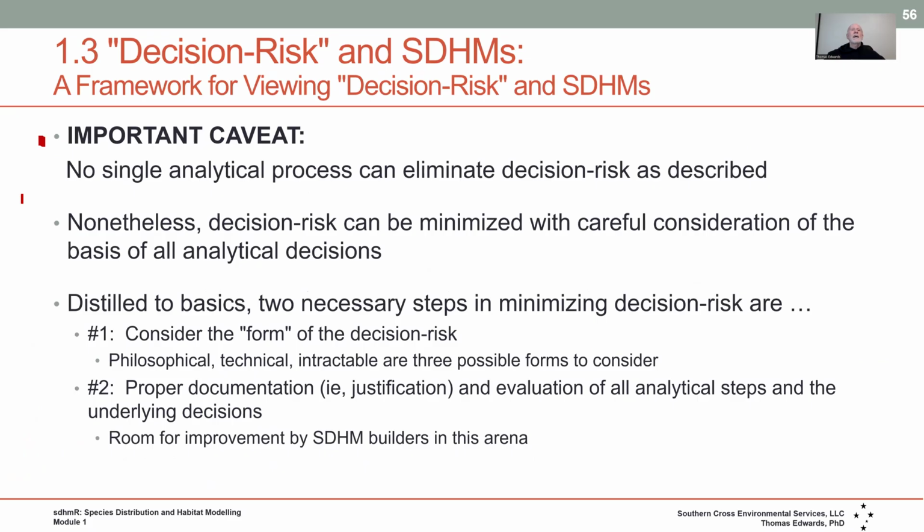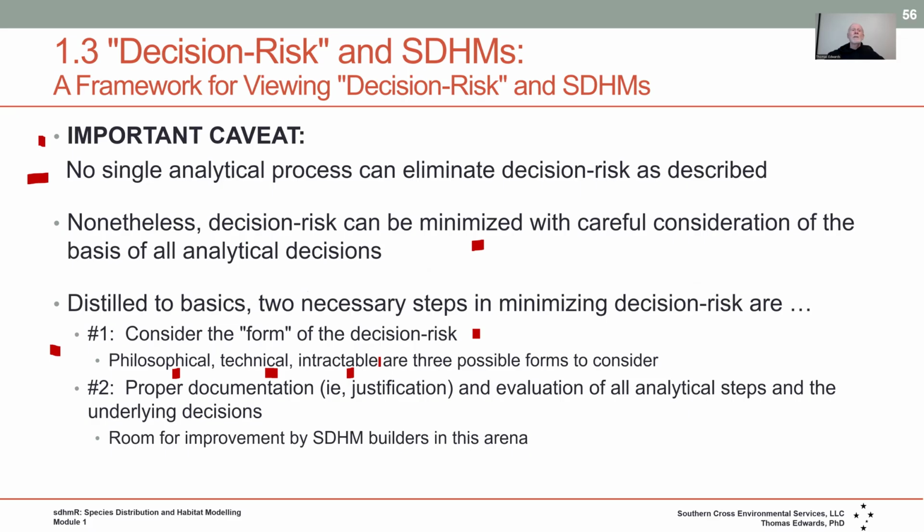Now, an important caveat: no single analytical process can eliminate decision risk. It can be minimized. And one of the ways to approach minimization is to distill decision risk into two steps. The first is to consider the form of risk, because there are philosophical, technical, and, believe it or not, intractable forms of decision risk.